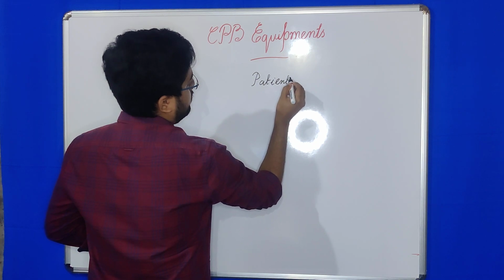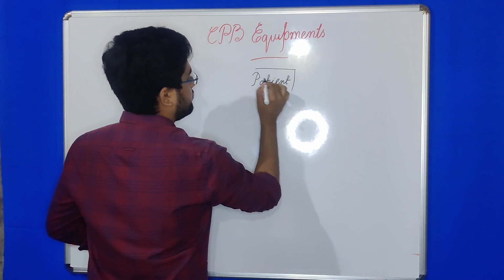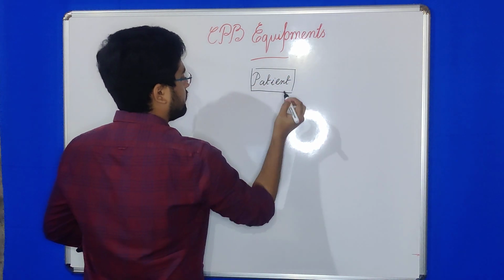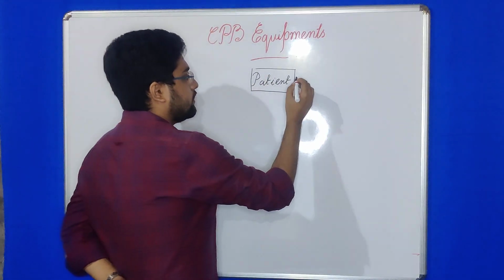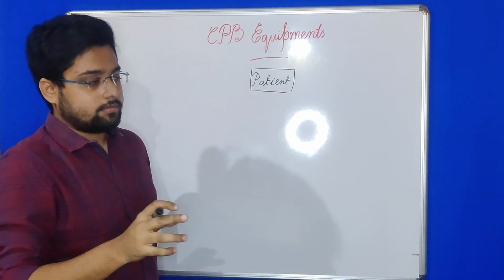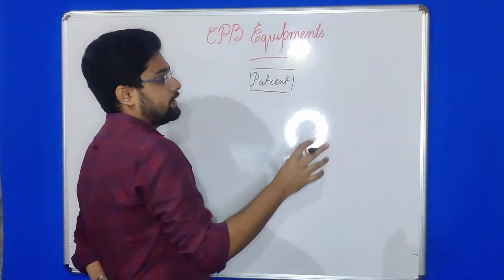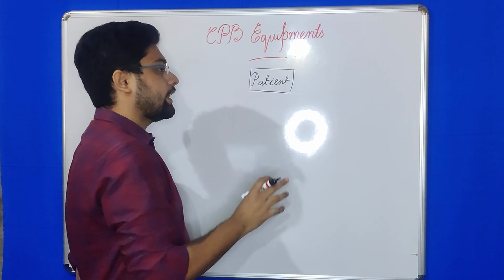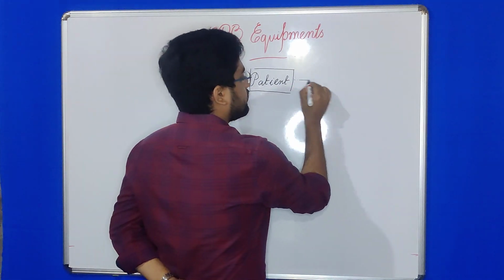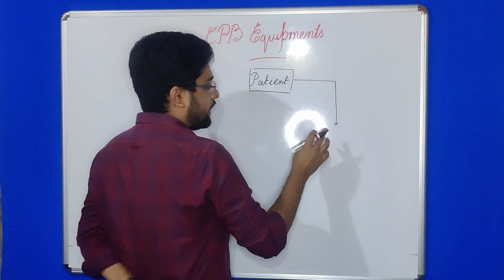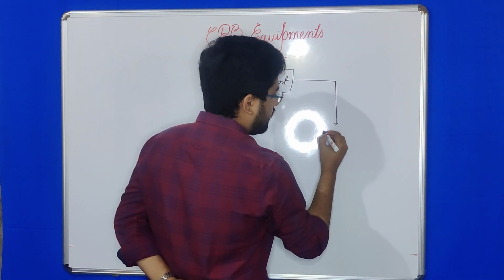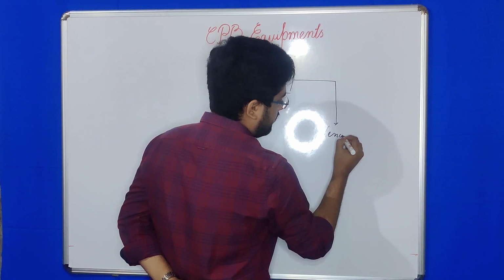From the patient we draw blood either from the patient's SVC and IVC or directly from the RA. We draw blood from SVC, IVC or RA to where? To our venous reservoir.